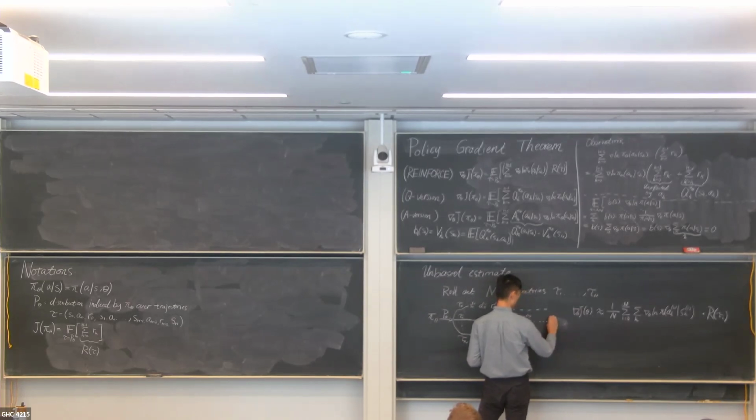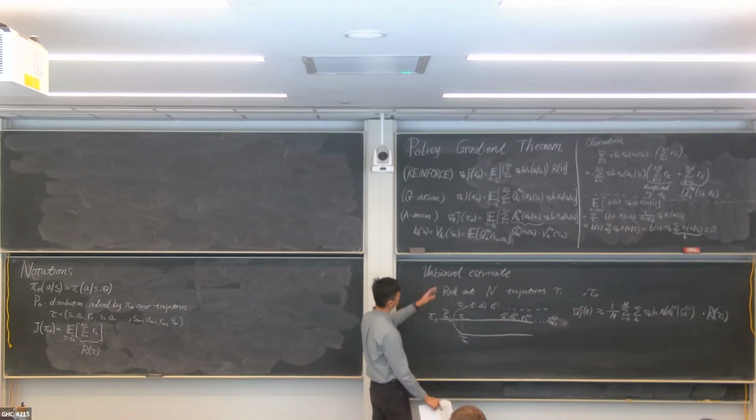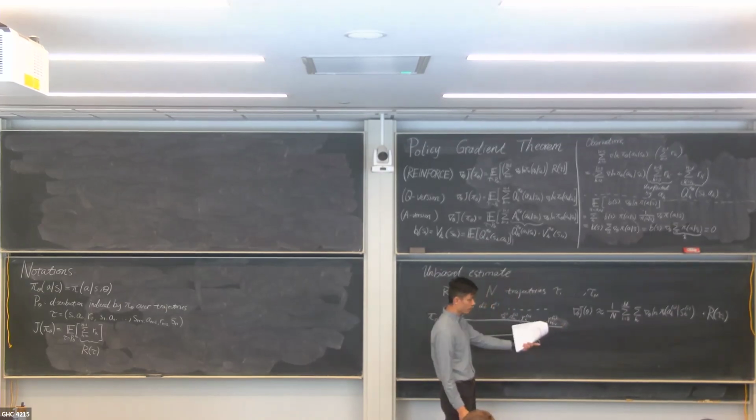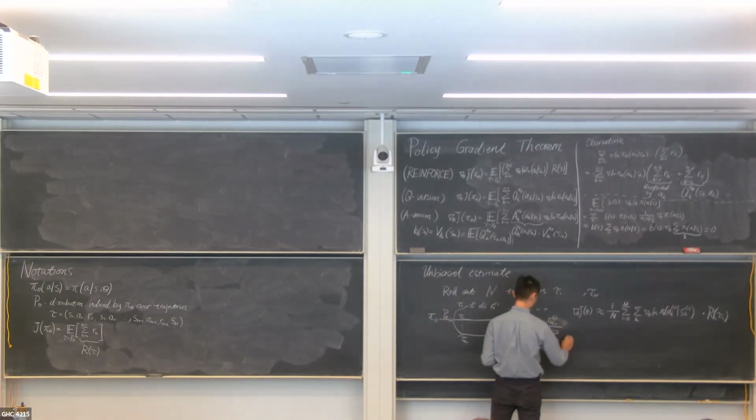If I want to invoke the Q version, I will just take the sum of the rewards I experience from there on, so the sum of the rewards and all the future rewards until the end.